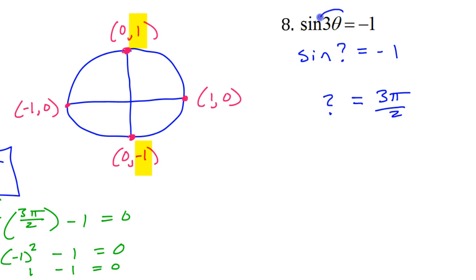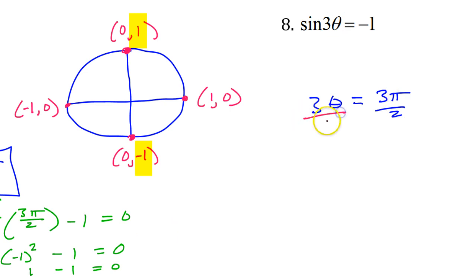Okay, but look at what is in the position of the question mark. 3 theta. So when we are solving this and we're asking ourselves, okay, the sine of what is equal to negative 1, when we figure out that that has to be 3 pi over 2, then that means we have just discovered that 3 theta must equal 3 pi over 2.